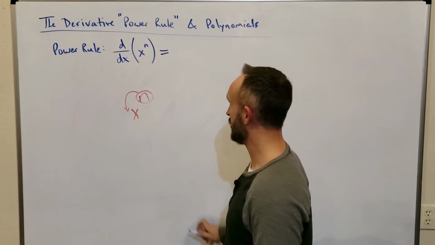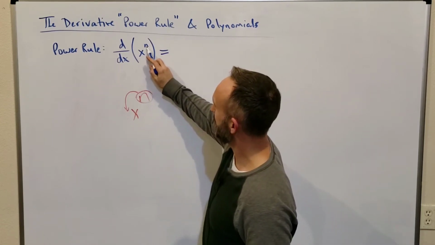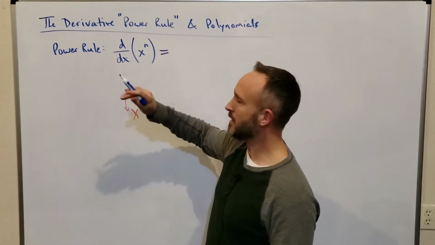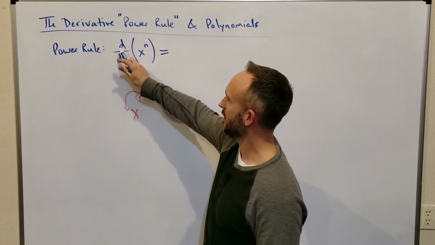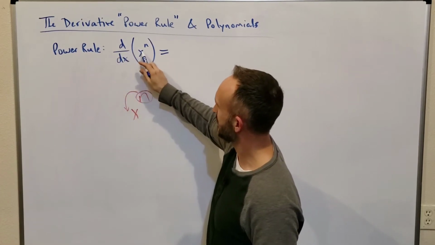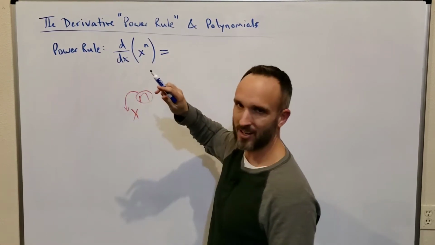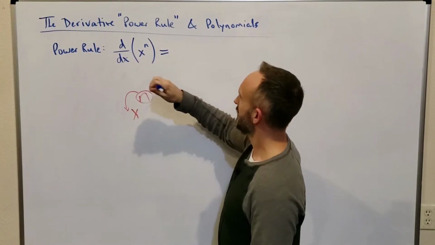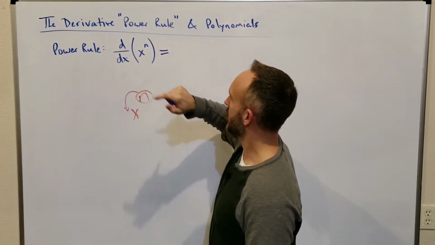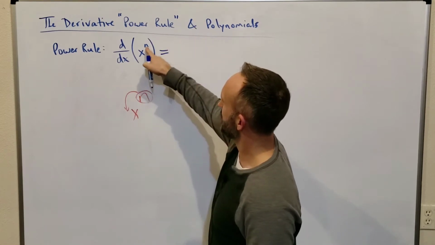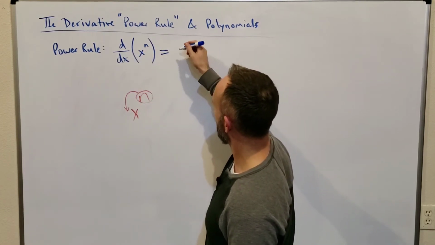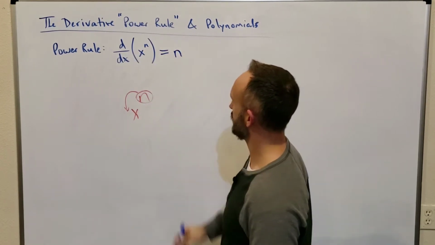So if we do that here, by the way, the variable here is x, because I'm taking a derivative with respect to x. The x is the variable, n is a constant. So keep that in mind. If I take the derivative with respect to x, this exponent comes down to the front and turns into n as a coefficient.